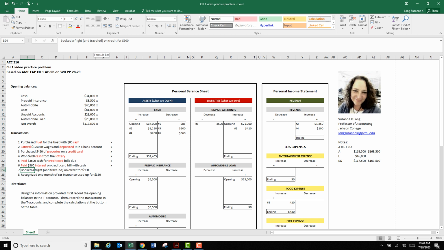I'm adding the words and traveled. So I'm going to highlight their words, flight, and credit. Booked a flight and traveled. So what I'm adding there is I'm clarifying, not only did we book it, but we took the trip too.